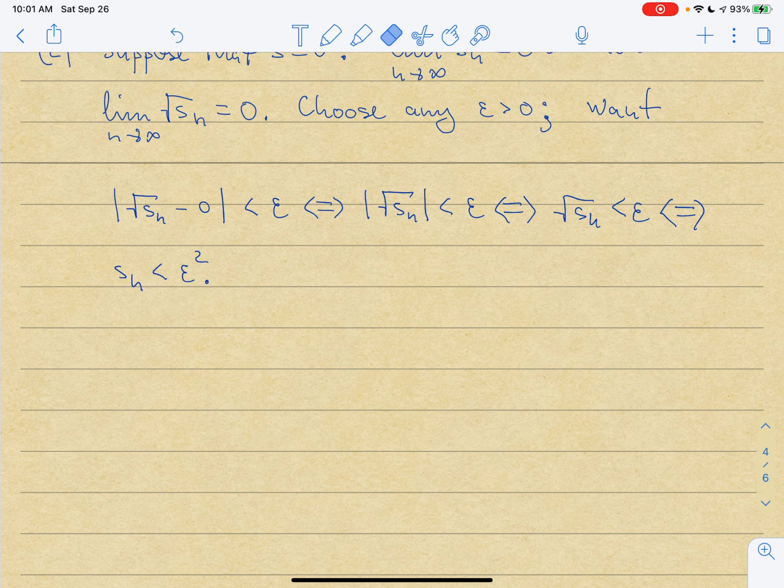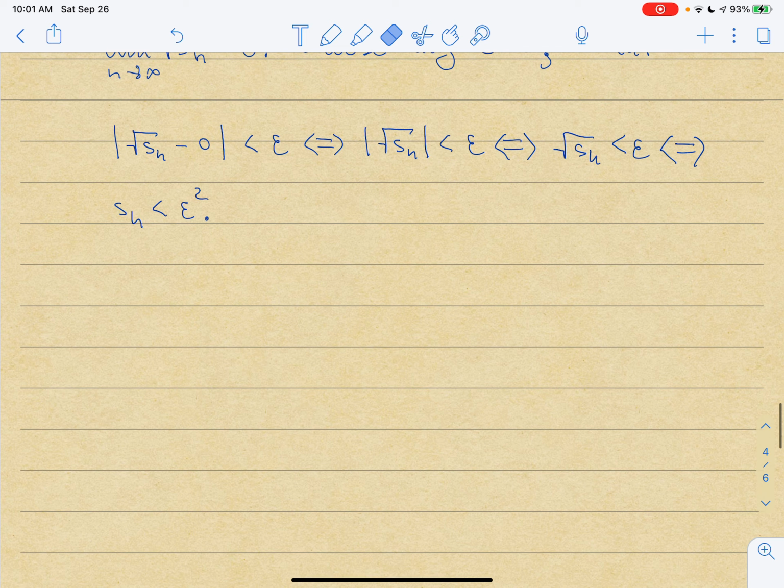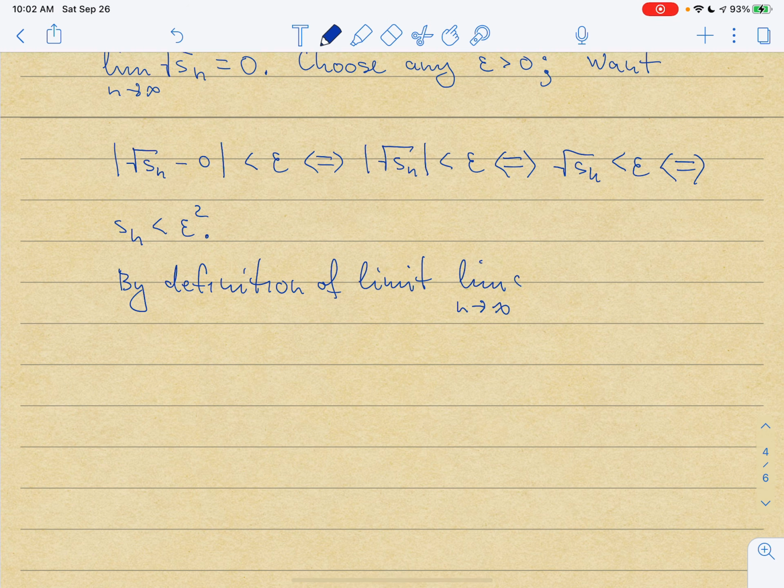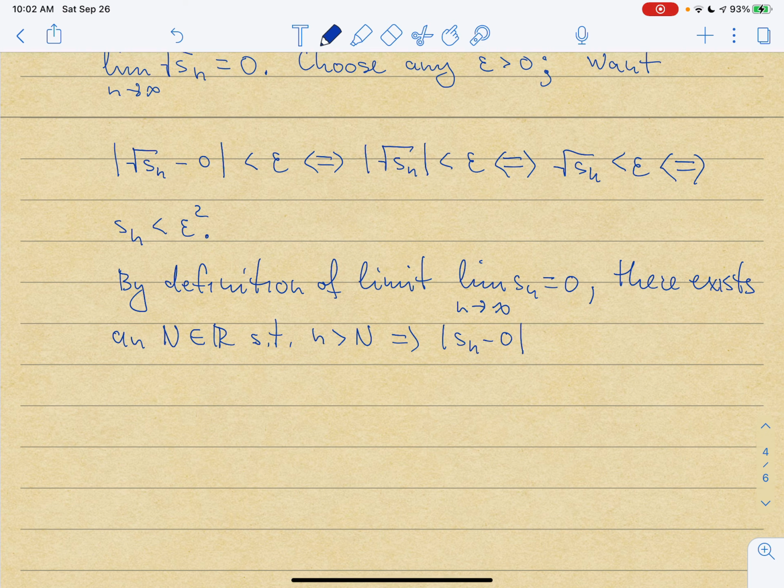By the definition of the limit, the limit as n goes to infinity of Sn equal to 0, there exists an N in R such that n bigger than capital N would imply that Sn minus the limit, well, it can be less than anything I want, so in particular, I can force it to be less than epsilon squared.